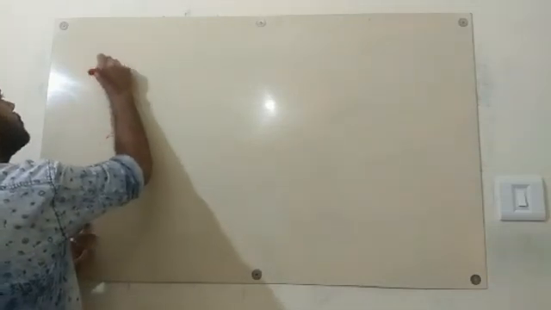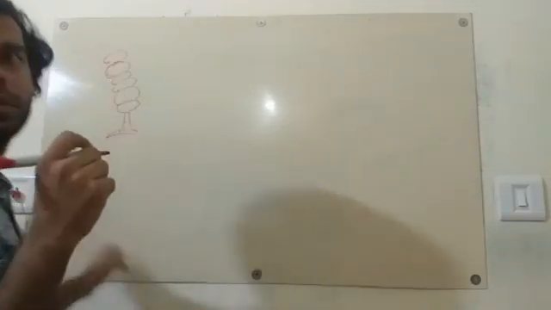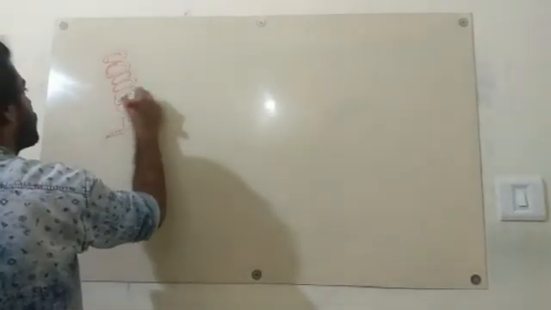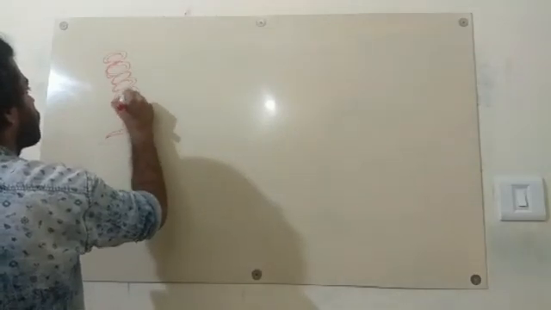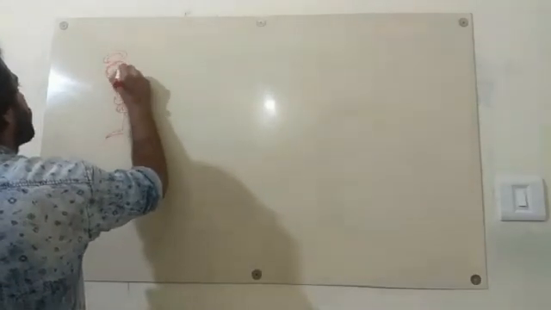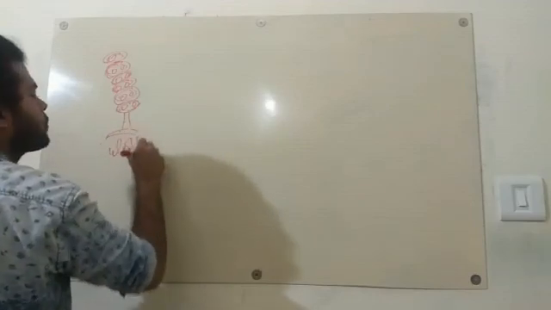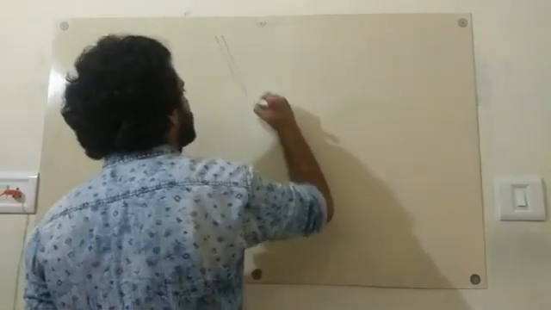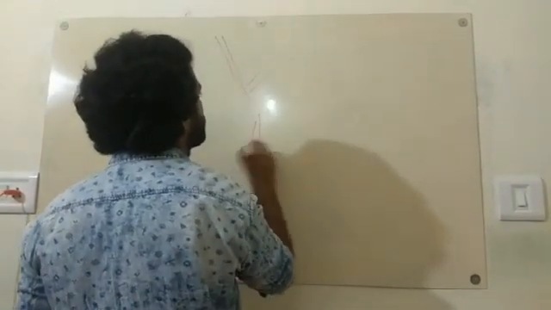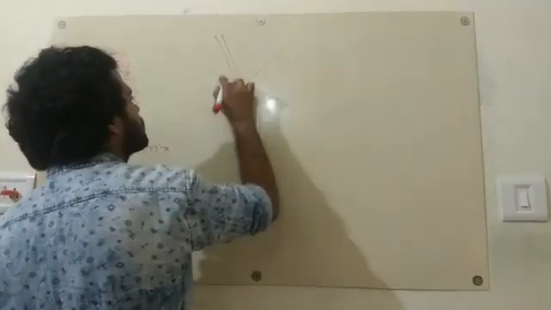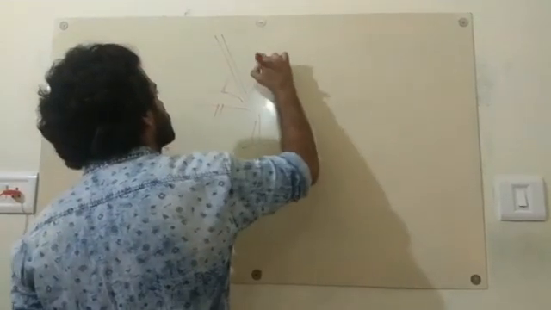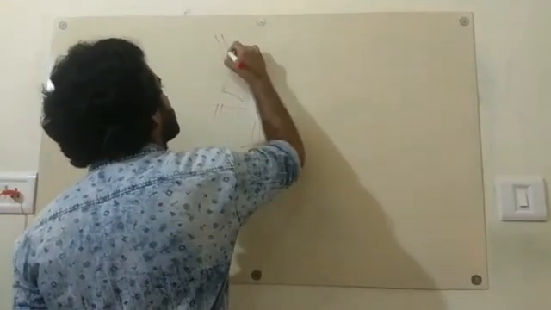Like this you can draw, and after that you can give some labels. This is Ulothrix. And after that you can simply draw the structure of Cladophora. Okay, this is a picture of Cladophora.